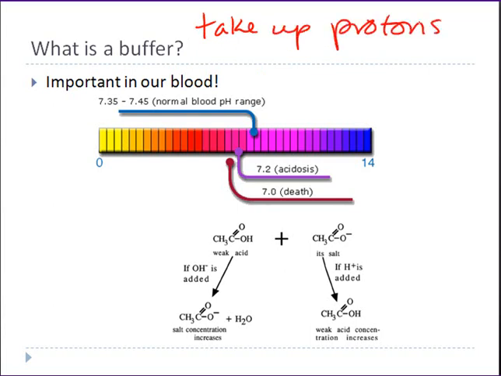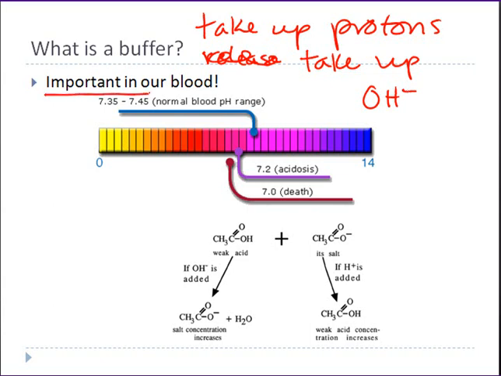So if a solution gets too acidic, a buffer can absorb some of the extra hydrogen ions so that it gets back to less acidic, or it can take up hydroxy ions, so that if it gets too basic, we can soak up some of those hydroxyl ions so that the solution goes back closer to neutral. Okay, so they buffer things so that things don't get too acidic or too basic.